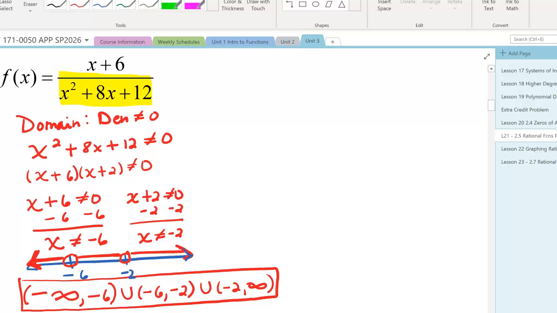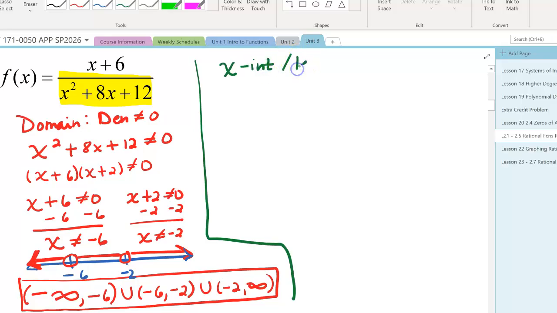Now moving on, I need to find the x and y intercepts. So remember, to find the x-intercepts, we're going to let y equal 0. Now remember, I can set the whole function equal to 0 like this.